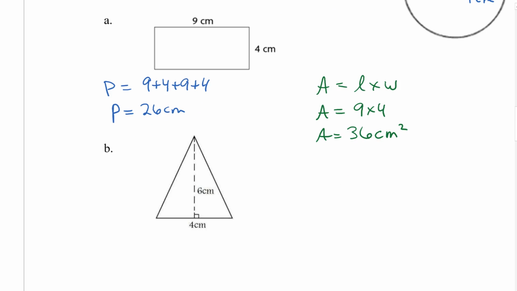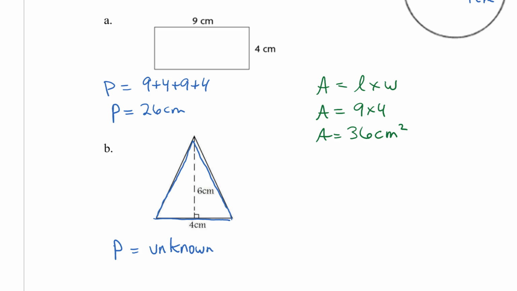Let's try our second one here. For this, we don't have the information to figure out the perimeter, because it's going to be 4 plus whatever this side is plus whatever this side is. So we can't figure it out actually. That's a bit of a tough one. So perimeter unknown.